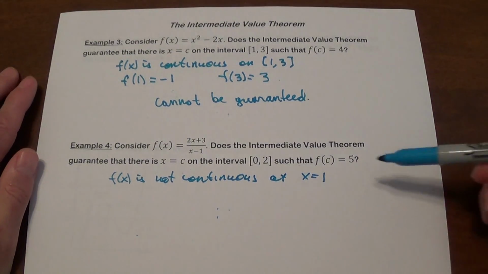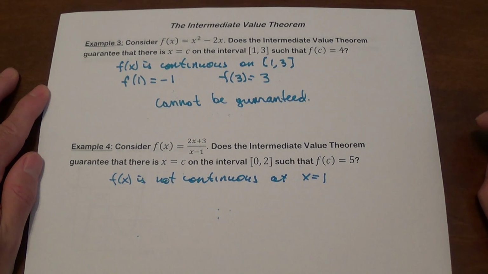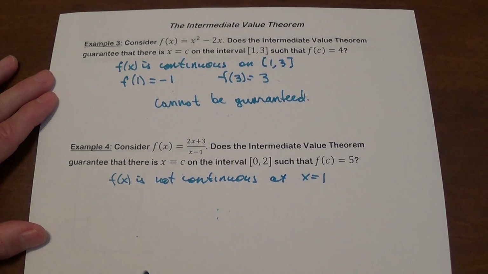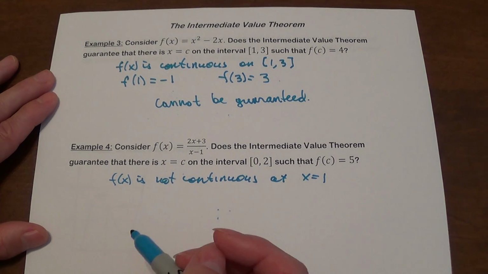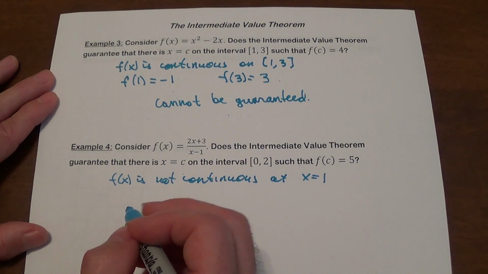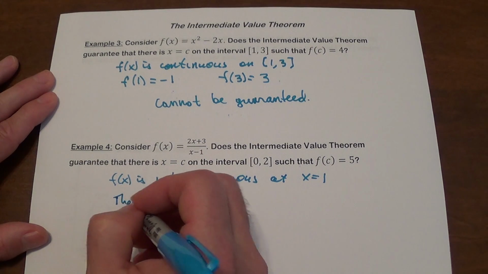And the problem is that 1 falls on the interval from 0 to 2. And that means that you cannot use the intermediate value theorem, because the function must be continuous on the entire interval. And since we have at least one point where the function does not have continuity, then you cannot apply it. The theorem does not apply.